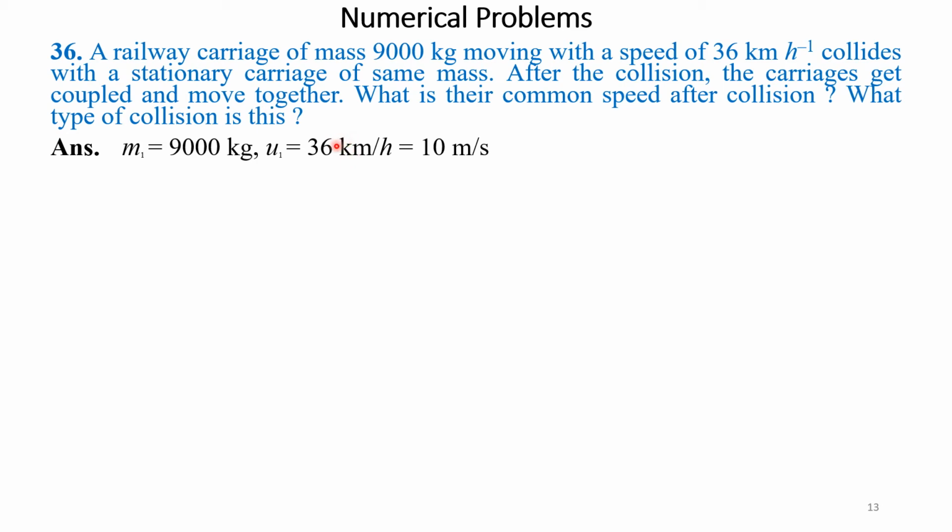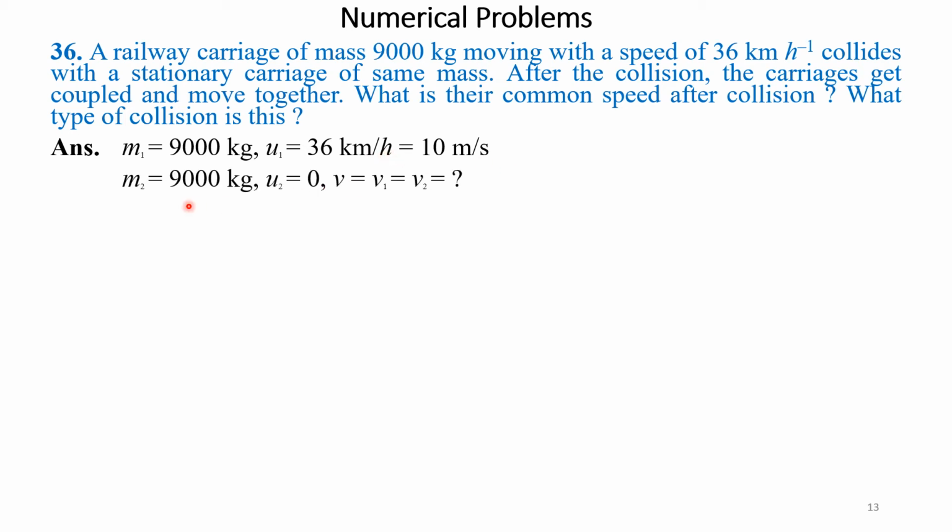So that becomes 36,000 divided by per hour. 1 hour we have to convert into seconds. 1 hour is equal to 60 minutes into 60 seconds. So U1 is equal to 10 meters per second. This you remember, how to convert the units from kilometer to meter and hour to second.